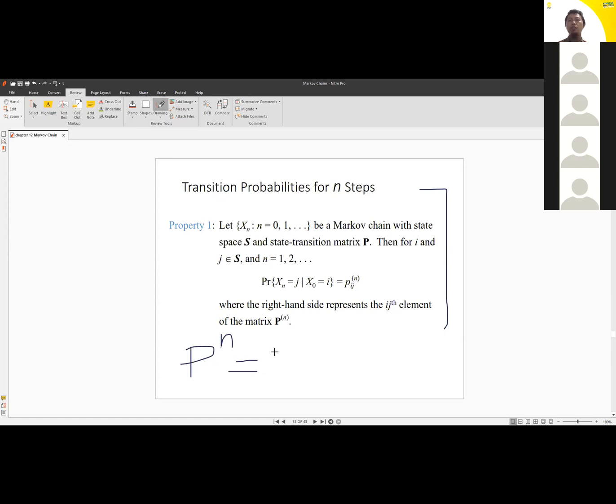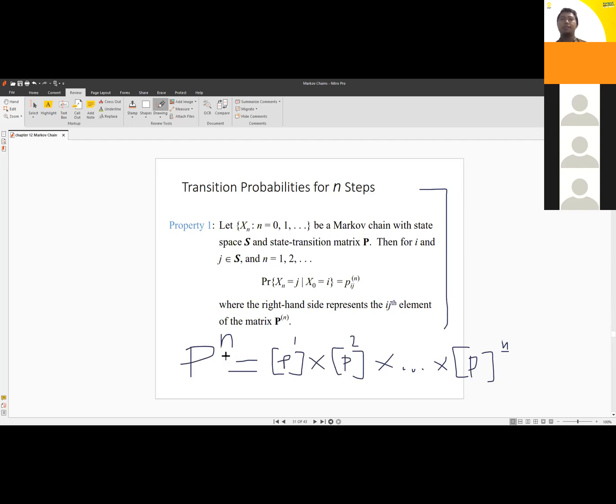It is equal to matrix P multiplied by matrix P, and let's say this is 1, this is 2, this is n. So this multiplication becomes P to the power of n. This is the case for n steps.